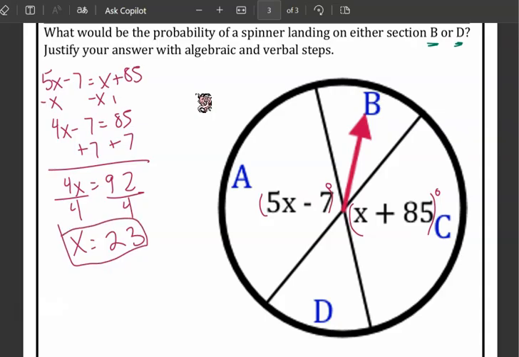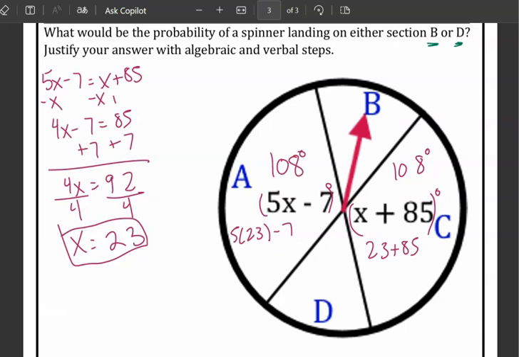We'll use that to find the angles. 5 times 23 minus 7, or 23 plus 85. So that's 108 degrees over here and 108 degrees over here.